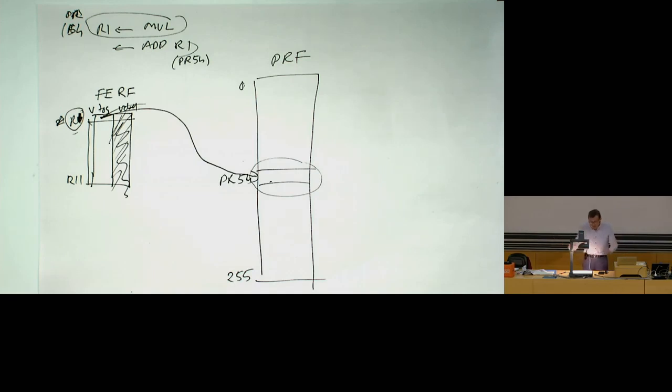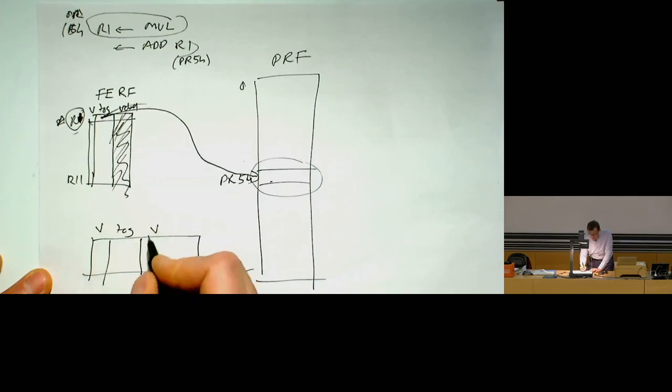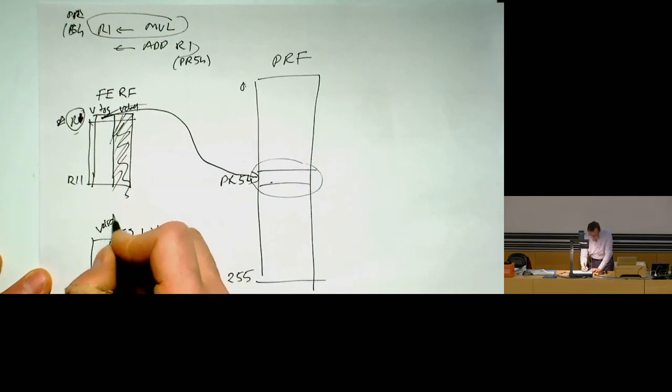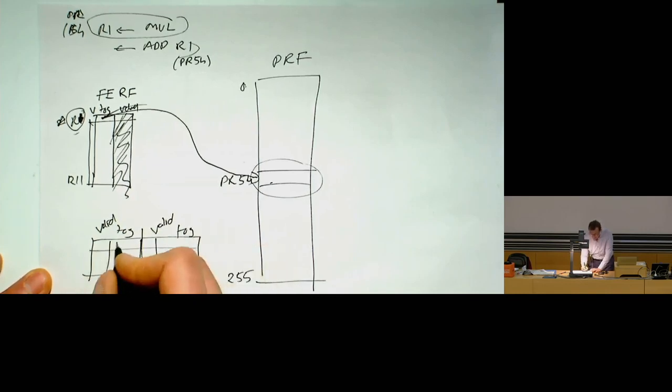There won't be any values in the reservation stations. The reservation stations will be just valid bit and tag for both sources. Valid bit, not to be confused with value. And one of the tags will be physical register 54 over here. Initially, when this gets renamed, it'll be 0.